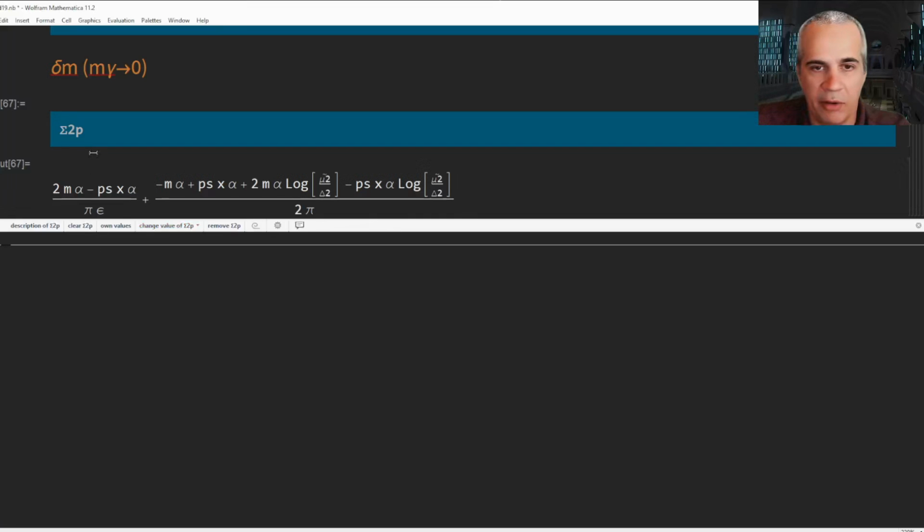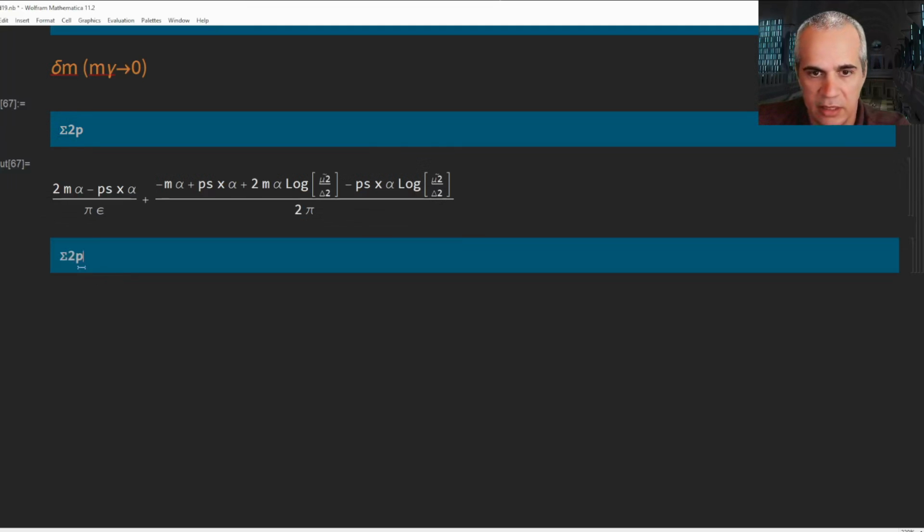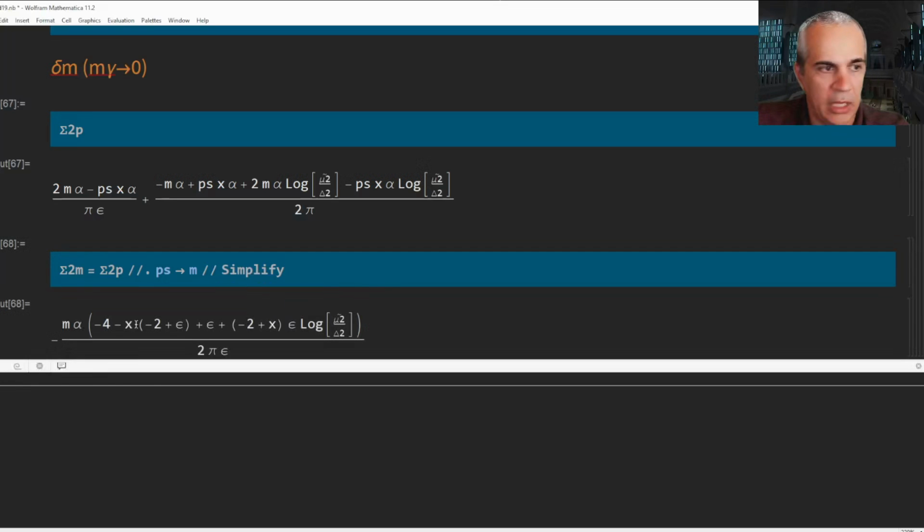Now I want to define a sigma 2 of m, which is just this guy, but I'll substitute p slash for m everywhere and simplify. And this is what I need to integrate now.